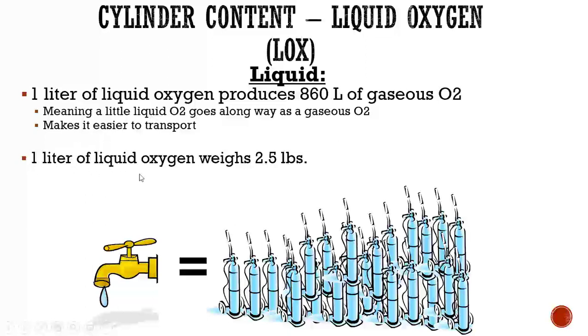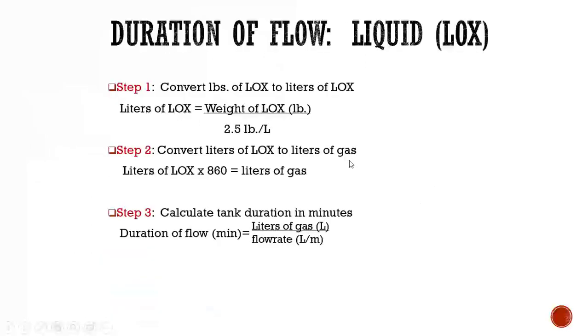1 liter of liquid oxygen weighs 2.5 pounds. These are the 2 big things that you guys are going to need for all of your math. You know that 1 liter of liquid oxygen makes 860 liters of gas, and you also know that 1 liter of liquid oxygen weighs 2.5 pounds. So step 1 is to convert your pounds of liquid oxygen to liters of liquid oxygen, okay?